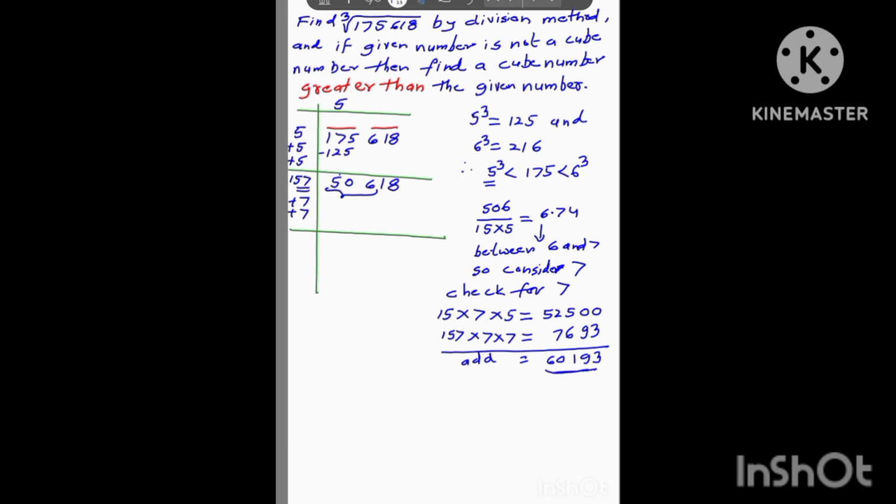Now you are subtracting a greater number, that means the answer will have a negative sign. That is very important. So I am taking it there, 60193, and this has a negative sign. That means when you carry out the subtraction, the answer will have a negative sign.